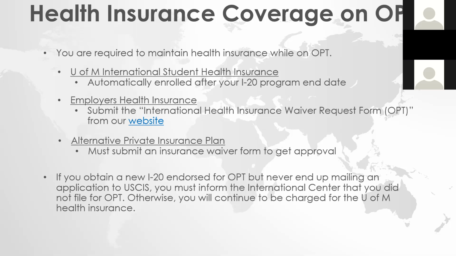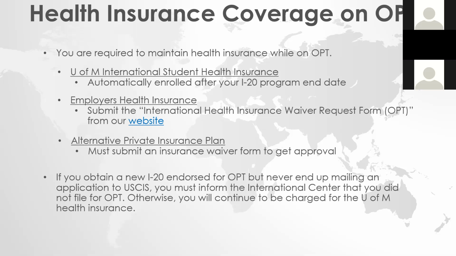It goes to our insurance coordinator in our office, and she will go ahead and cancel your U of M International Student Health Insurance. You could also try to use another alternative private insurance plan. Maybe you have a spouse who has a better insurance and you want to get on their insurance. Same thing would apply. You can submit an insurance waiver form from our website, and we will cancel your U of M health insurance.